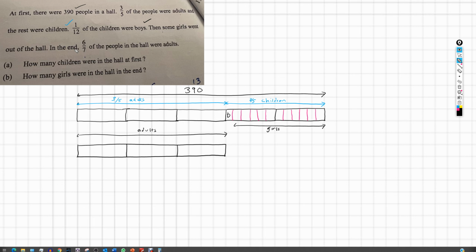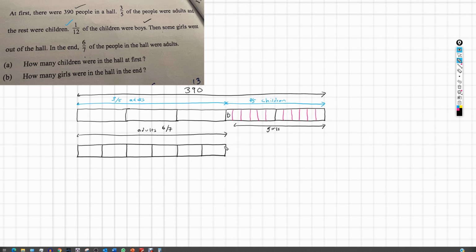And we're now dealing in sevenths, but 6 of the sevenths are adults, so we need 6 equal size portions. That's the 6 sevenths, and that means there must be another 7th of children.